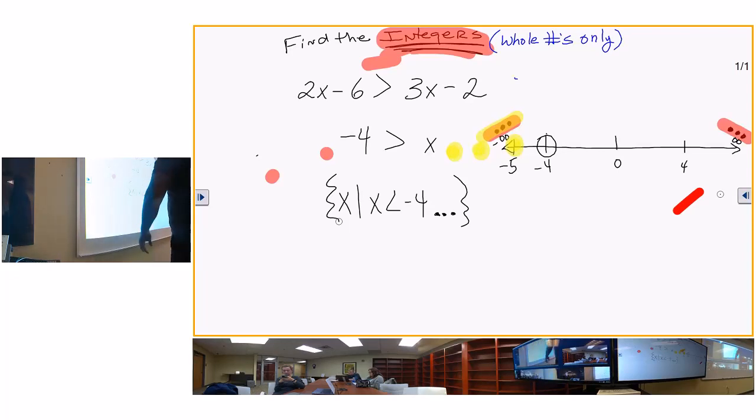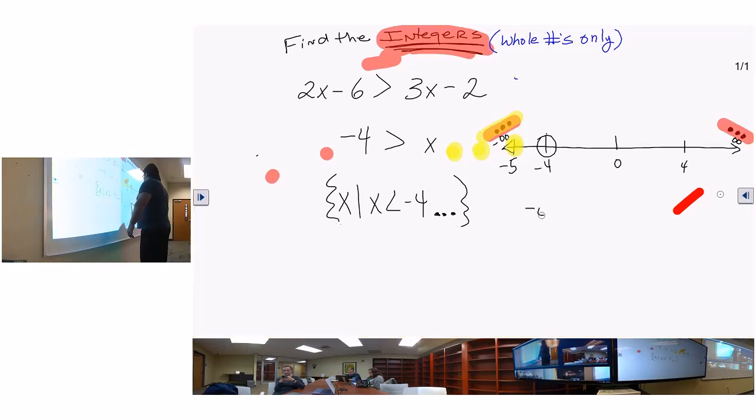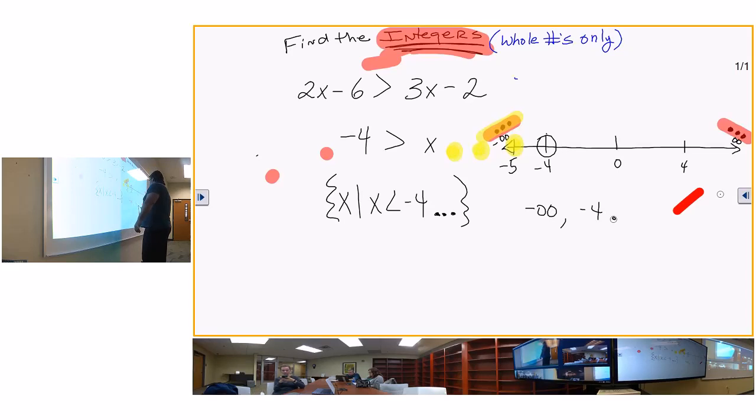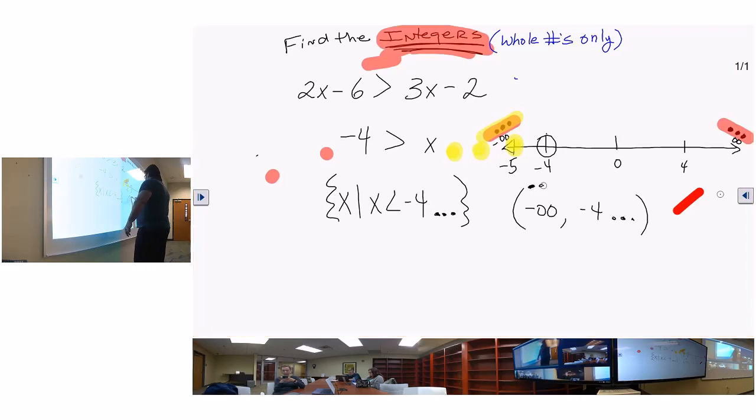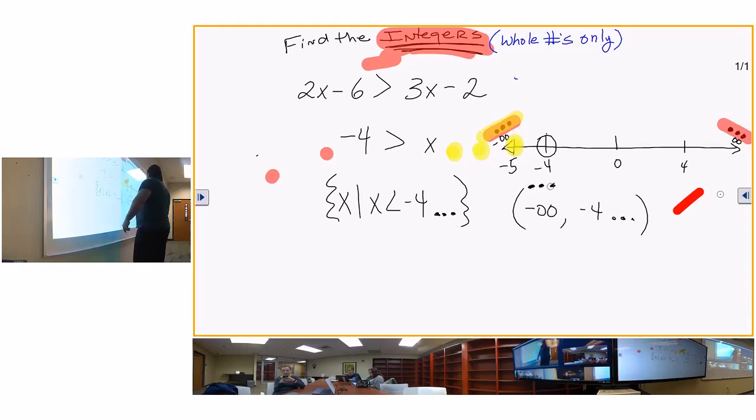And then interval notation is going to be -infinity to -4, and then 3 dots are going to be somewhere in the answer. It may be in between, it may be up here, it may be to the right. It'll be somewhere in the answer saying that we're only dealing with what? Whole numbers.